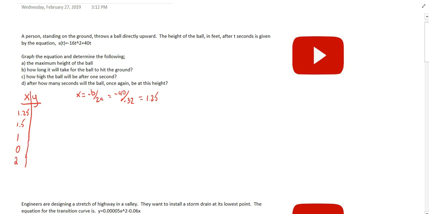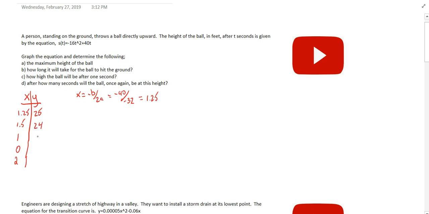Then I want to grab my calculator and plug 1.25 into that equation. So if I do negative 16 times 1.25 squared plus 40 times 1.25, I get 25. That's going to be our vertex. Then I can plug in 1.5. Negative 16 times 1.5 squared plus 40 times 1.5, I get 24.